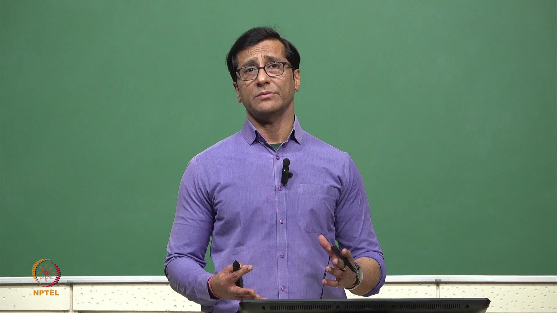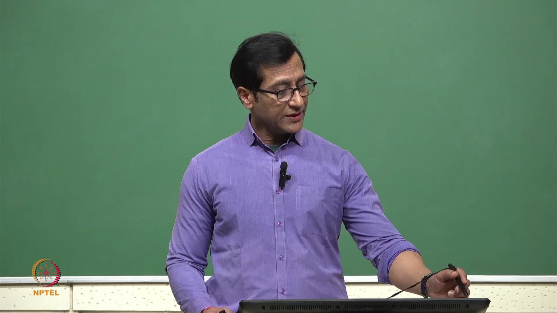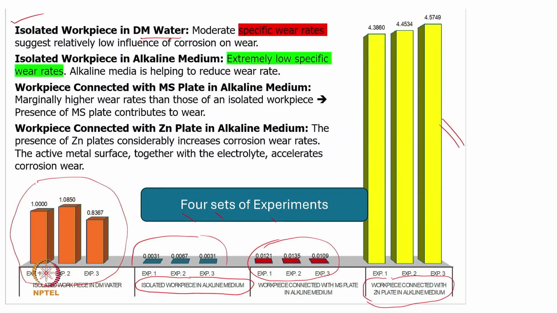So there are many parameters. What we say: an isolated workpiece in mineral water gives a high wear rate. The specific wear rate is relatively low, of course, when comparing with the zinc material. But when you put in an alkaline medium, we find the specific wear rate is extremely low.